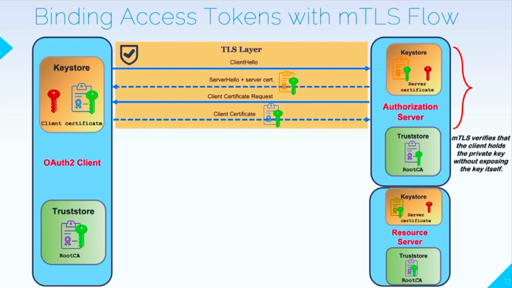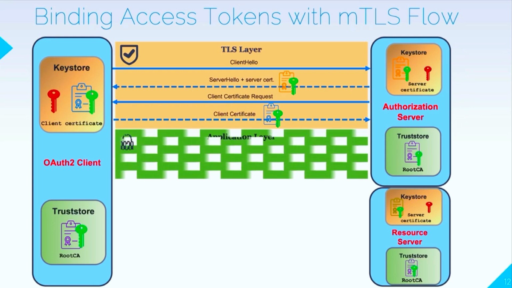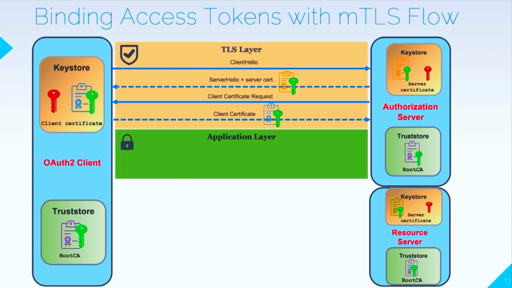At the conclusion of this handshake, the authorization server has confirmed that the client possesses the private key corresponding to the public key in its certificate, without ever exposing the private key. This is the strength of the X509 mTLS mechanism. Next, we move to the application layer, where the POST request to obtain an access token is executed. If everything went smoothly at the TLS layer, the authorization server is now ready to generate an access token.